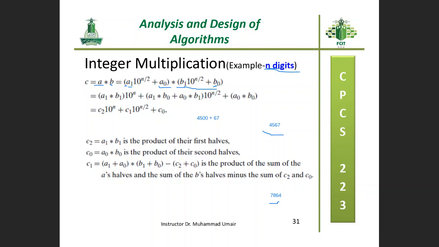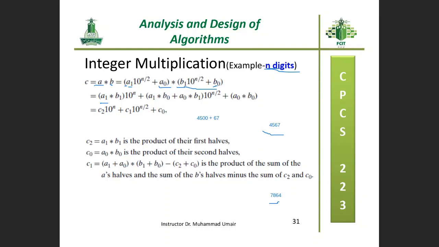And similarly, if you multiply these two terms, then your formula will look like A1 into B1 into 10 raised to power n, plus A1 into B0 plus A0 into B1 into 10 raised to power n by 2, plus A0 into B0. So this means for every recursive call, the given numbers will be divided into numbers having half of the digits. Is that clear?